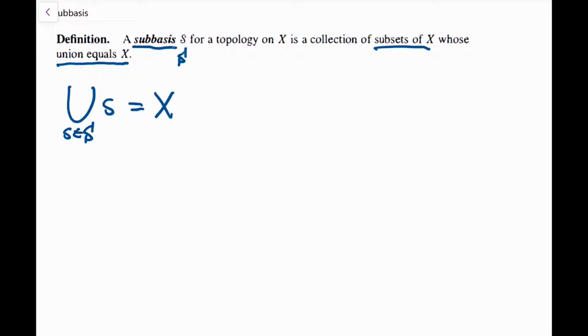Based on this idea, at first we should understand the definition of the basis, and how we can change the definition of subbasis into the definition of the basis, so that we can convert the subbasis into a basis.